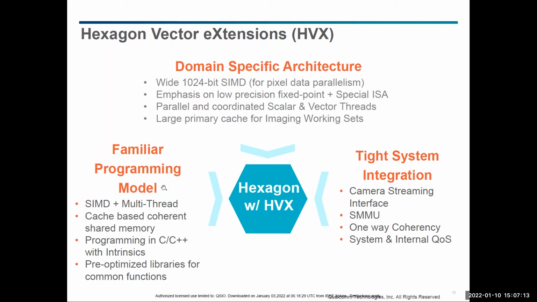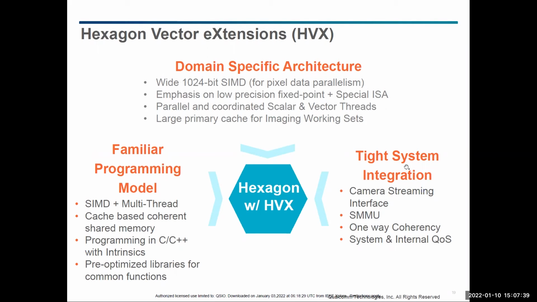We discussed the familiar programming model, the support for SIMD plus multi-threading, cache coherency, and easier programming due to the LLVM compiler in C++ and intrinsics. There is support already available for pre-optimized math libraries, computer vision libraries, or neural network libraries for most of the common functions.